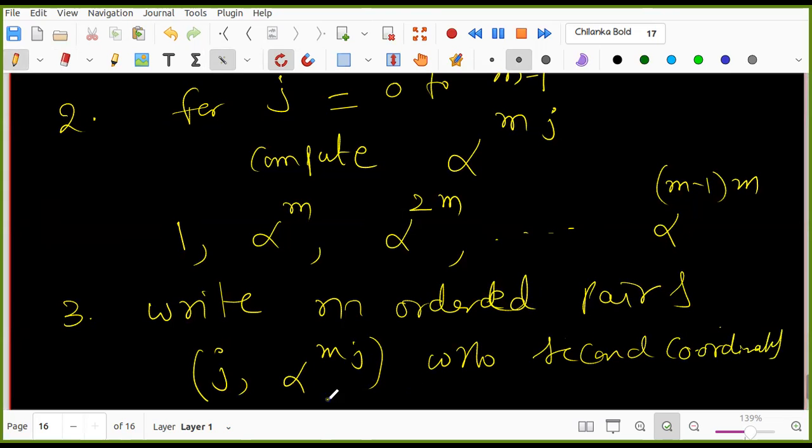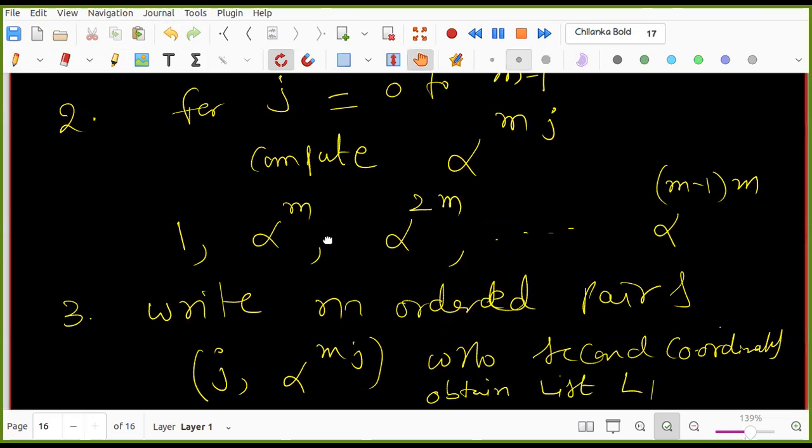We are doing this modulo n. When you do modulo n, they may repeat or give other numbers, so we order them. Obtain list L1.